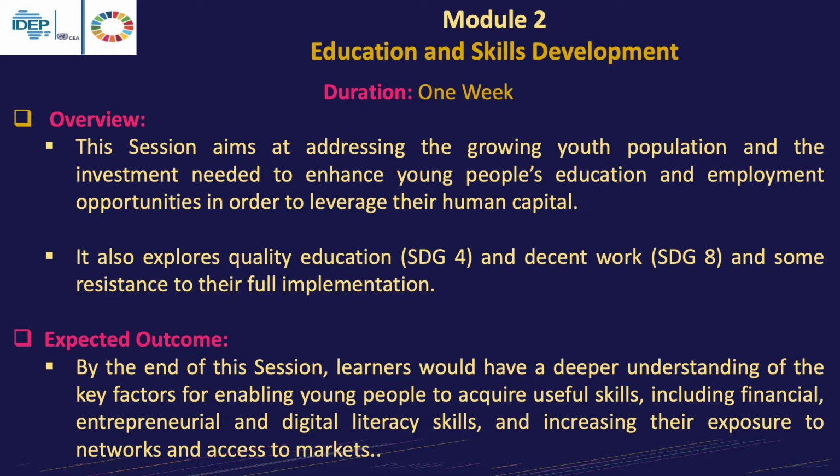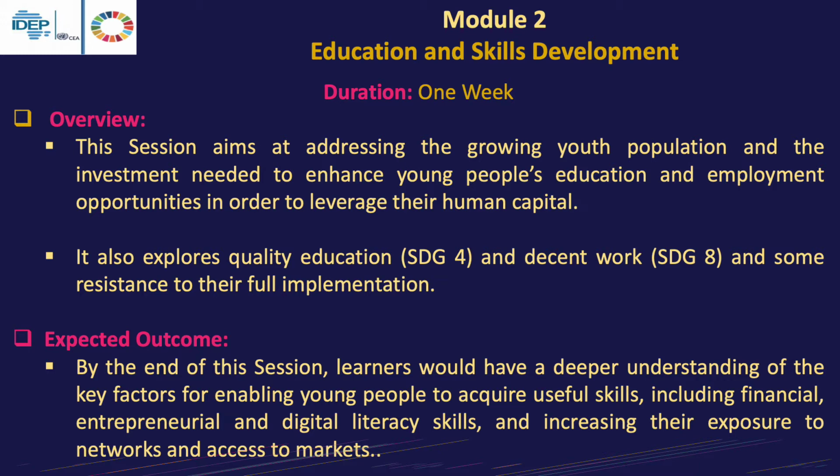So for Module 2, we will be looking at education and skills development, and it will run the whole of this week. The session will explore and address the growing youth population and the investment needed to enhance young people's education and employment opportunities in order to leverage their human capital.